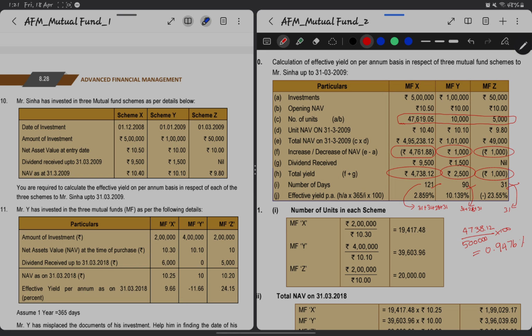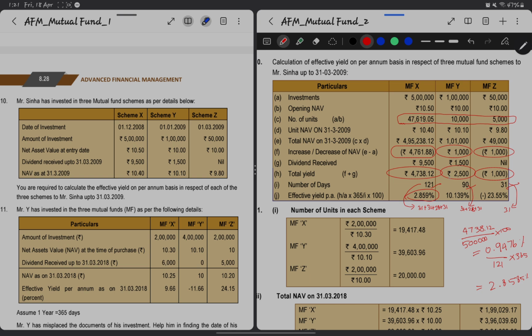Now this is for 121 days. So this divided by 121 multiplied by 365 will give us the yield for the whole year, which is 2.8585 percent, the same as what ICAI has given.